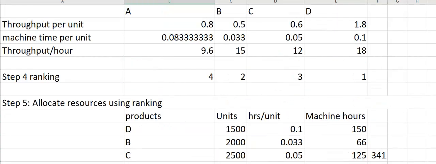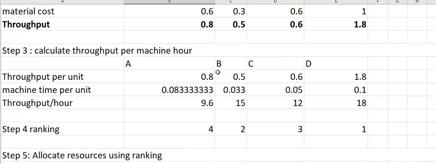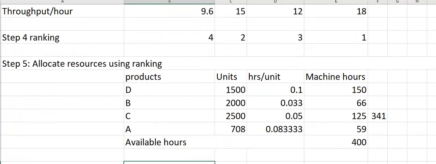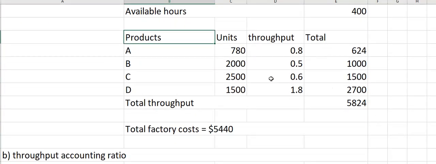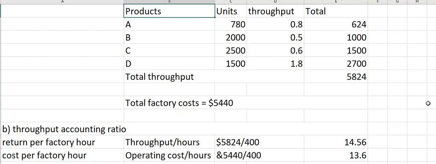Let's just go back and verify. It is 0.8, 0.5, 0.6, 1.8. Not throughput per hour, but throughput per unit. So you multiply by this to get total throughput. Total throughput will be throughput per unit times total units. These are the answers. Total throughput is 58.24.